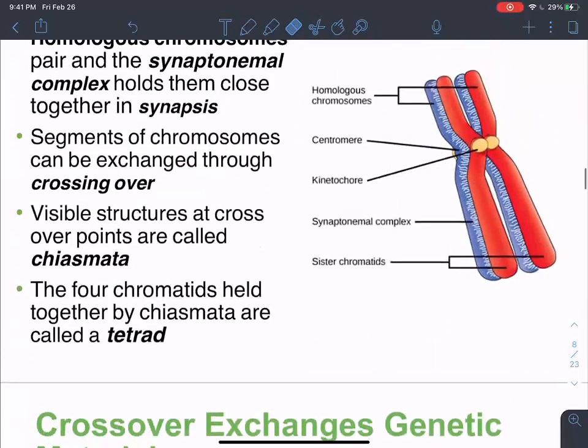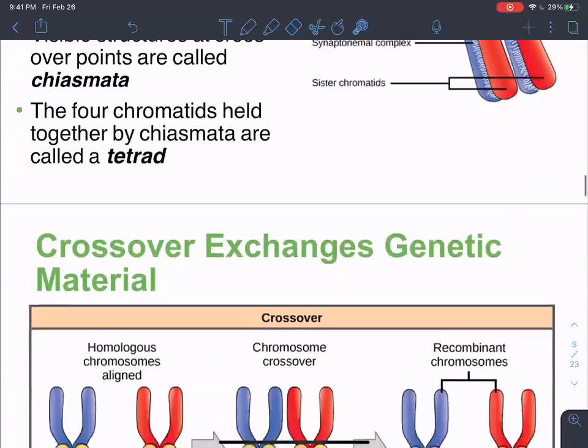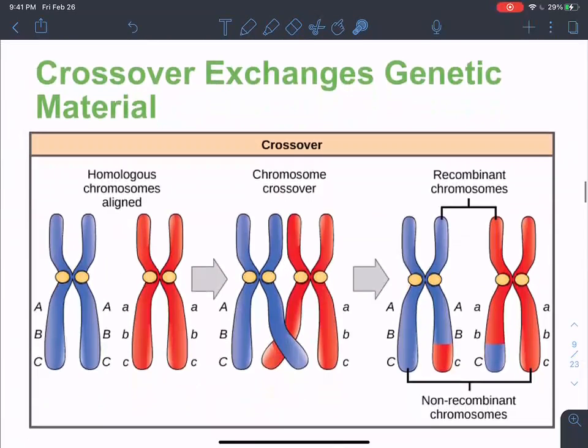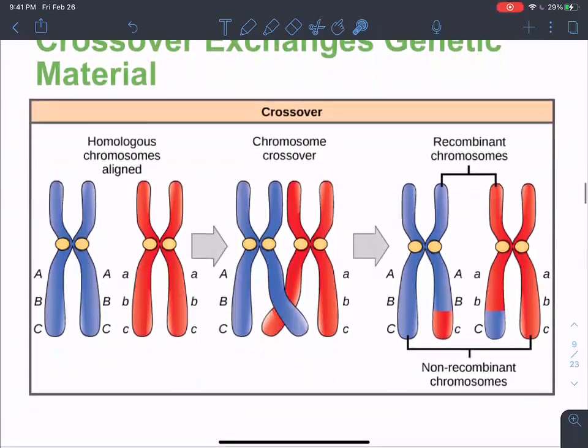So when it's joined in this configuration here, and you see these little white squiggly lines, those are the chiasmata, and that is holding them together. And we call this, when the homologous chromosomes are joined like this, a tetrad. So crossing over exchanges genetic material. We just said that the crossing over event allows for genetic diversity in the species.